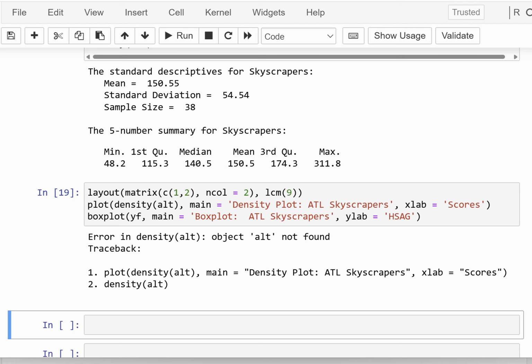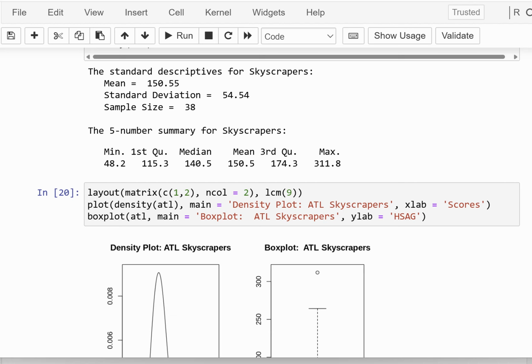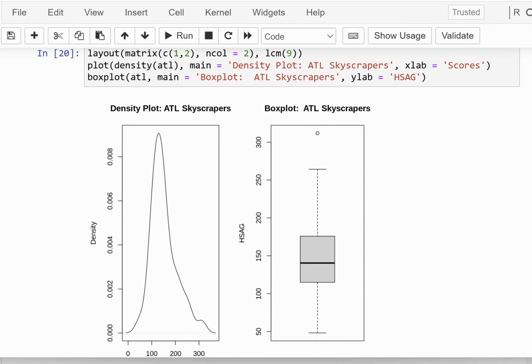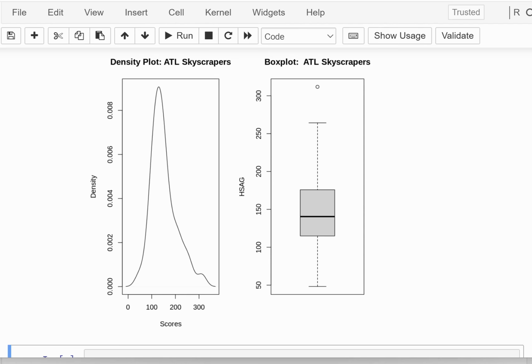ATL, not ALT. Sorry about that, guys. ATL, box plot, ATL. And if I get the spelling correct, okay, we're fine here.